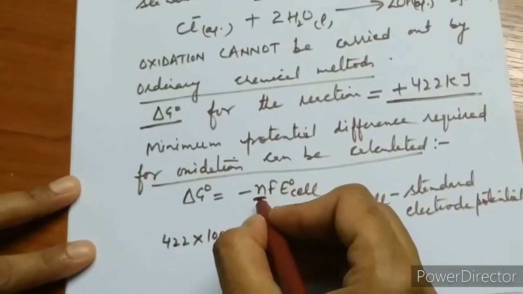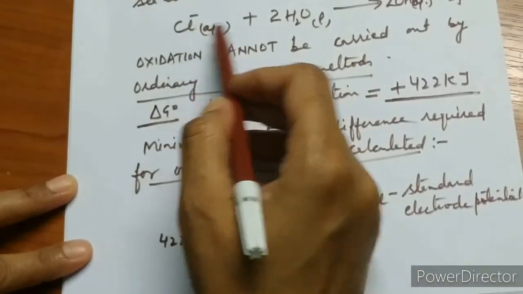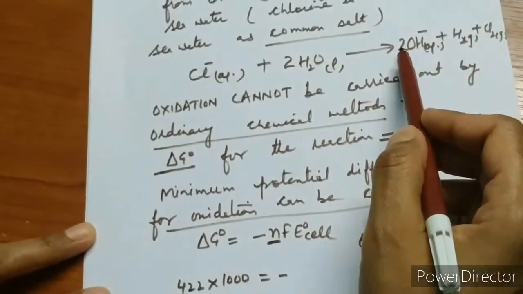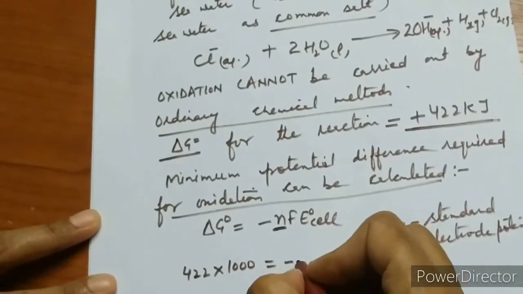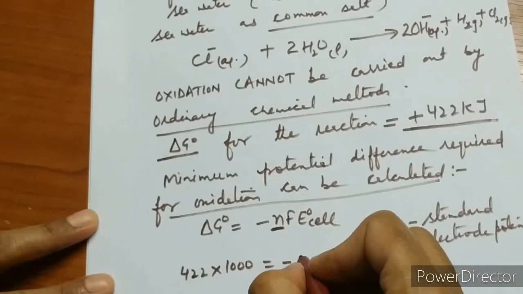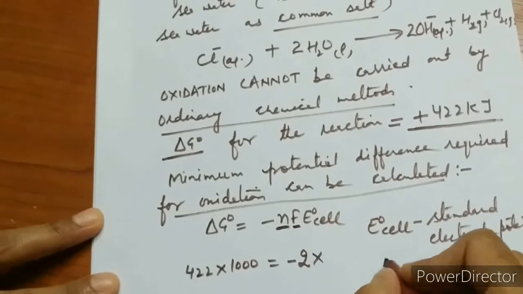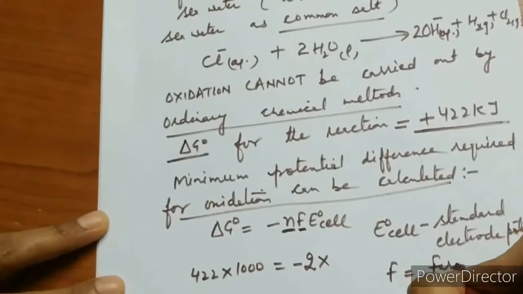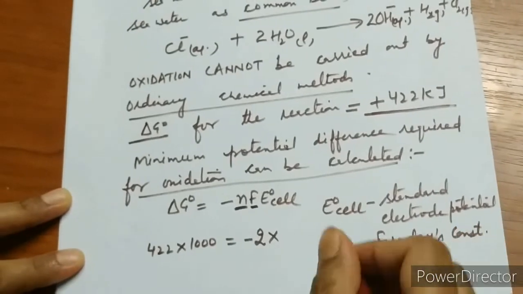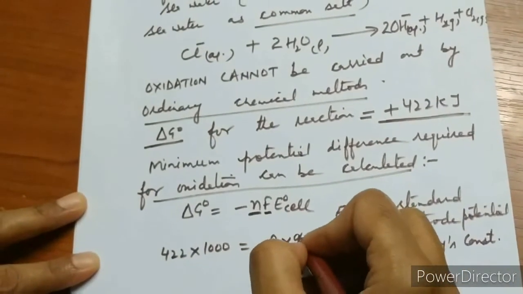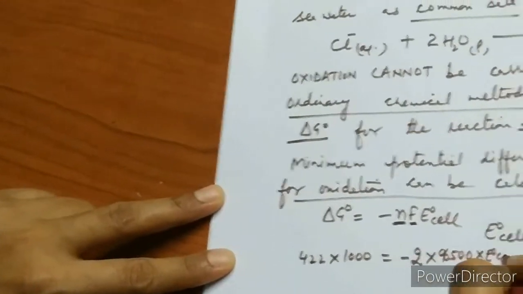What is the value of n? n means number of electrons gained or lost during the reaction. From this reaction we have seen that 2 electrons are gained and 2 electrons are lost. So the value of n is 2. And what is the value of Faraday's constant? F is Faraday's constant, and the value of Faraday's constant is 96500, and we have to calculate E naught of cell.